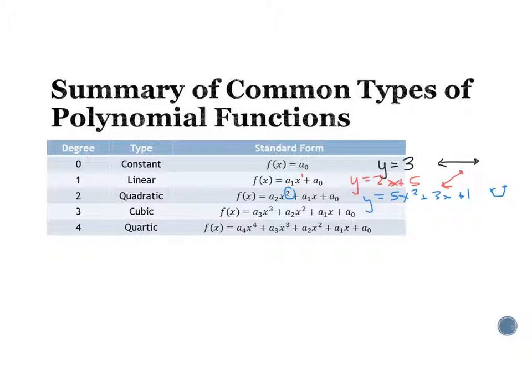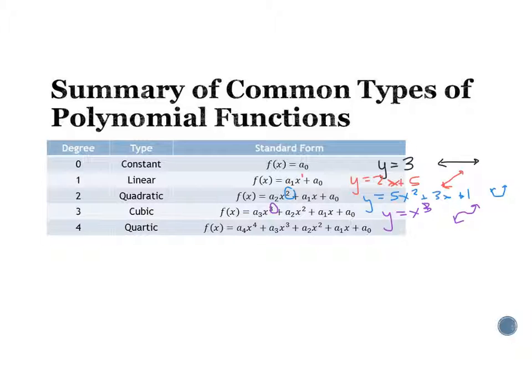Next is our cubic, and we call it a cubic because it has a cube in it. Okay, so it has degree 3. And it might be something like, well, we could just do y equals x cubed. And by the way, it's going to graph something that looks a little bit like that.